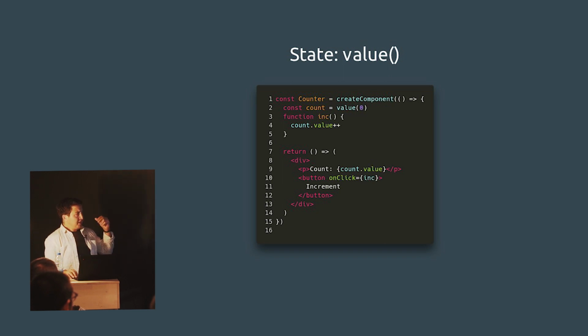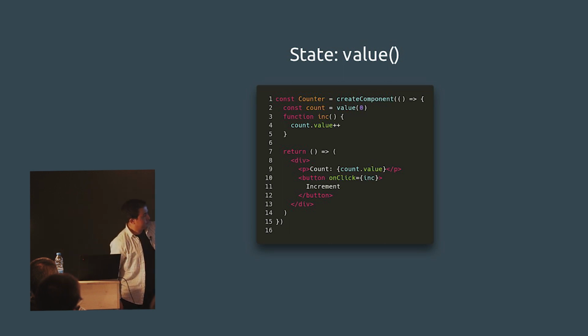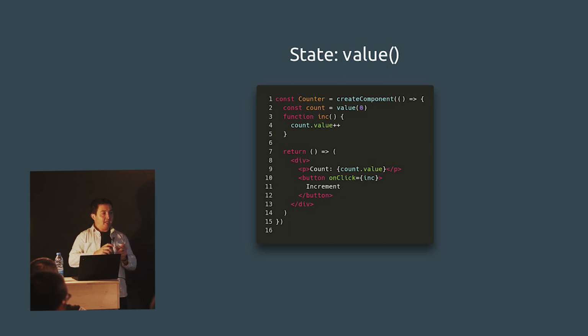So the first value holder we have is value. You can think about it like when you do any hook for state, like useState, but instead of giving you one array with the value and the function that will change the value, it gives you an object that has just one single key, which is the value of it.